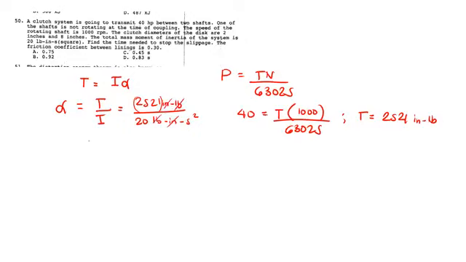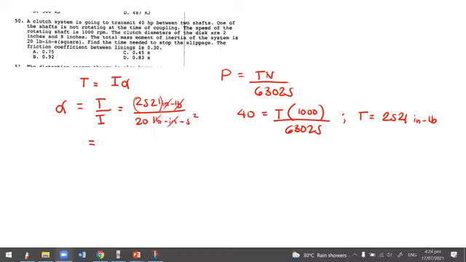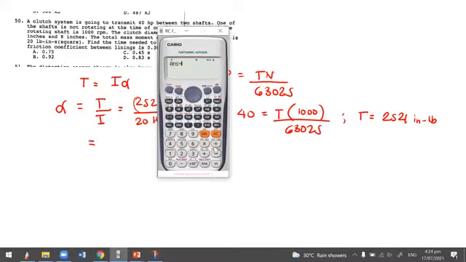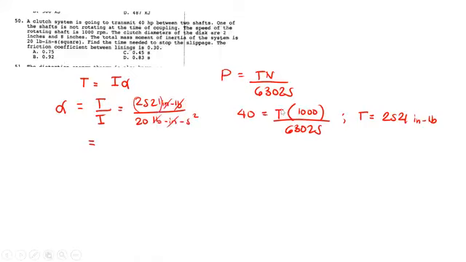So makuha natin si alpha. Divided by 20, 126.05 radians per second squared.